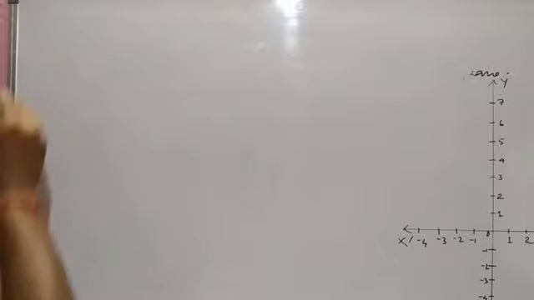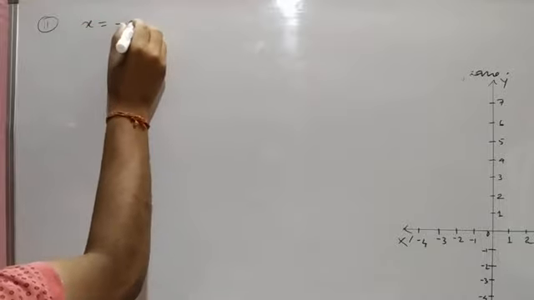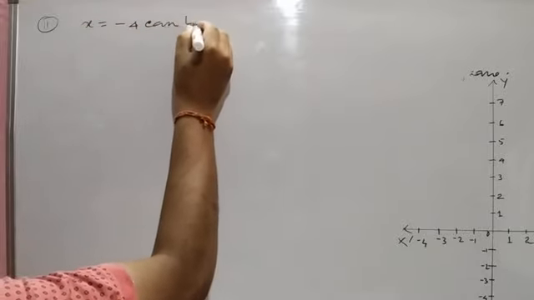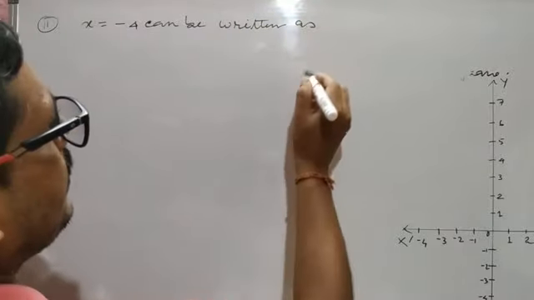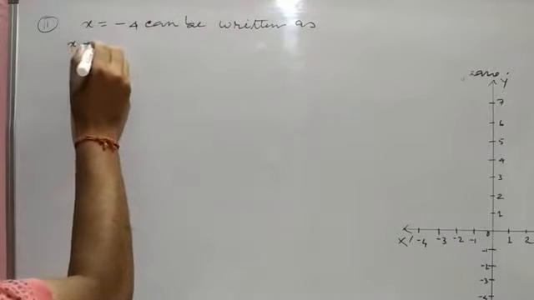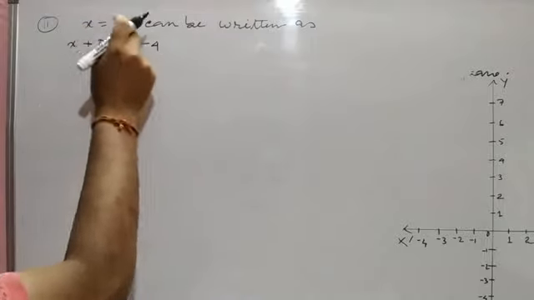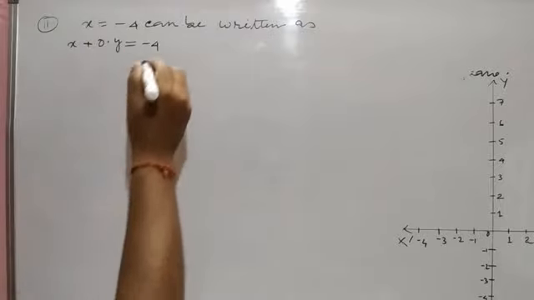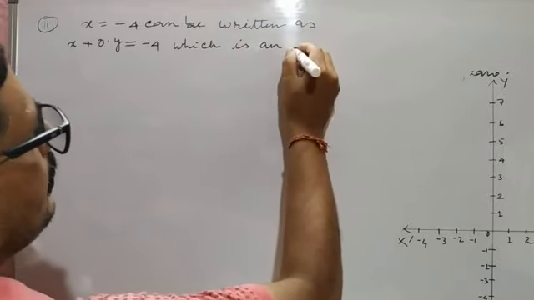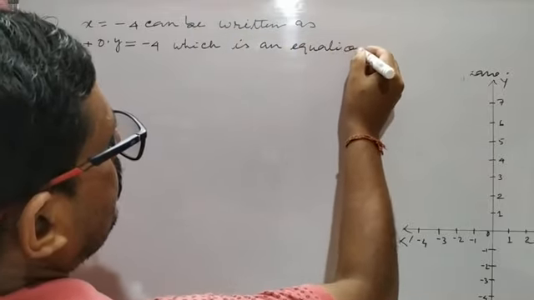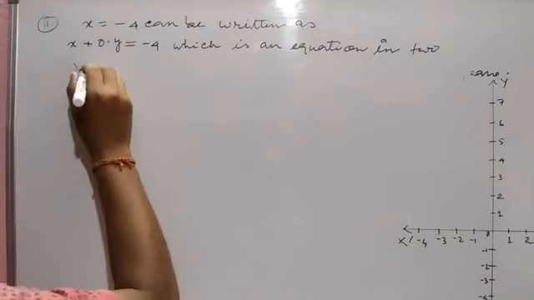Number 2, x equal to -4 can be written as x plus 0 into y equal to -4. We can write x equal to -4 as this, which is an equation in two variables.